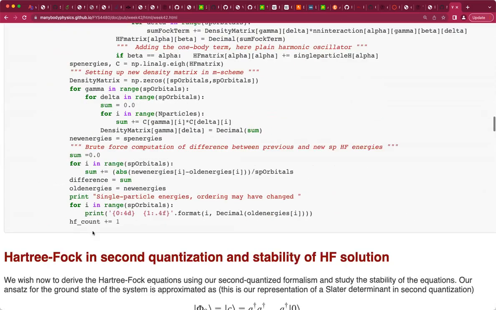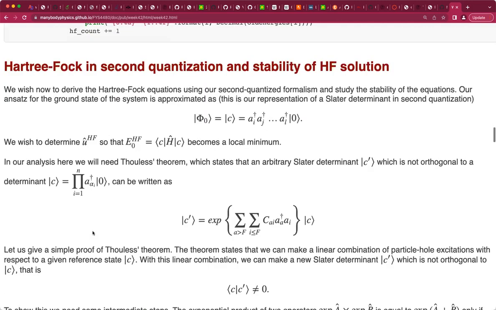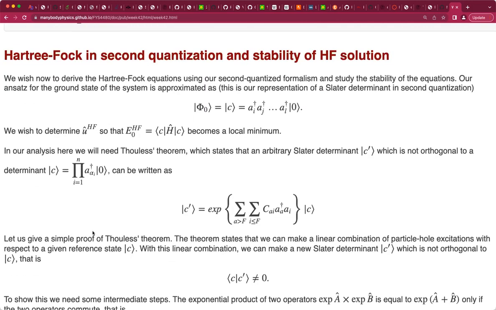Okay, so one of the things I wanted to say a little bit about is the Hartree-Fock equation in second quantization. And I just wanted to add a little bit about the equations we looked at yesterday. And since I want to spend more time on the solution and discussion of the exercise, I thought of sending the derivation of Thouless theorem to next week.